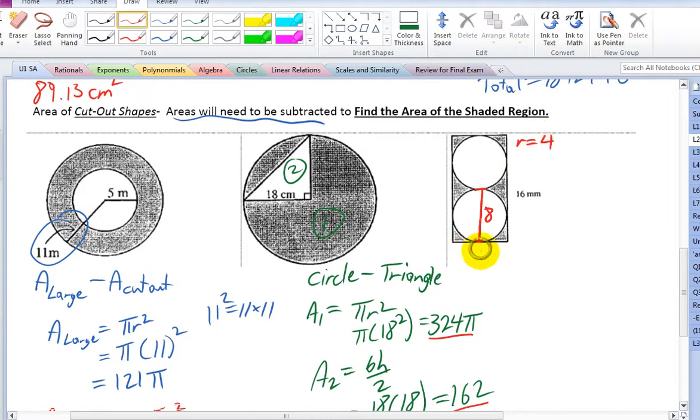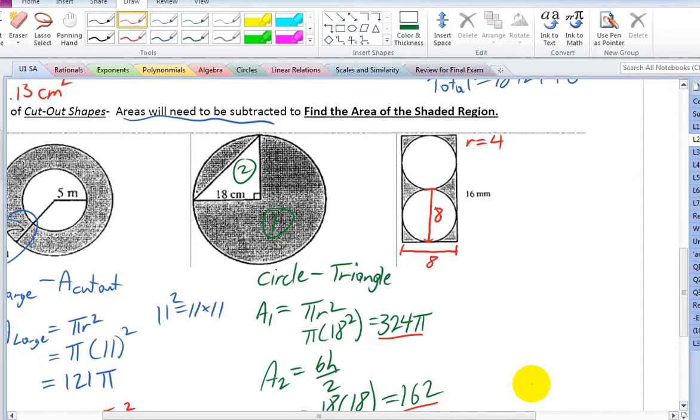What's the dimension of the rectangle right here? Okay, it's going to be 8, same as the diameter. Okay. So the diameter helps you find all the other dimensions. Good. Okay. Remember, it's 2 circles. Okay. Go for it. Try and answer it. So you're going to find the area of 2 circles.